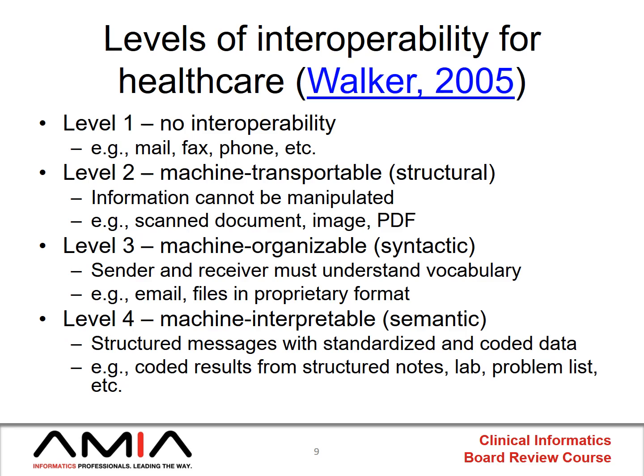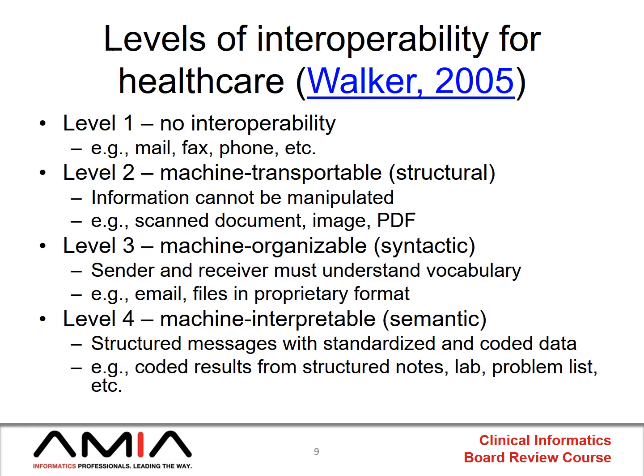It can be helpful to define levels of interoperability, and this framework shown on this slide has been used in other contexts outside of healthcare. Sometimes the numbers are different, but we can review the levels to understand the different levels of interoperability.